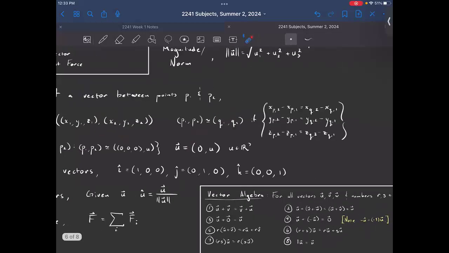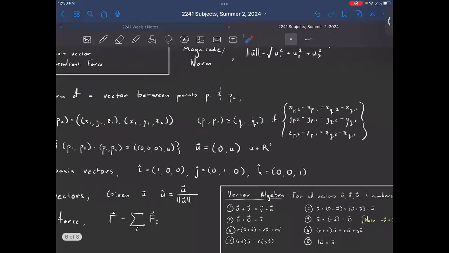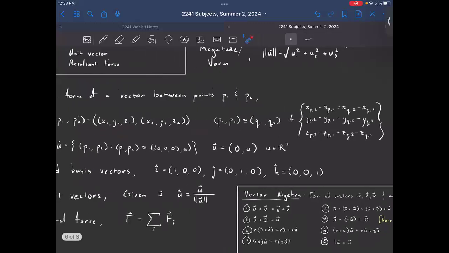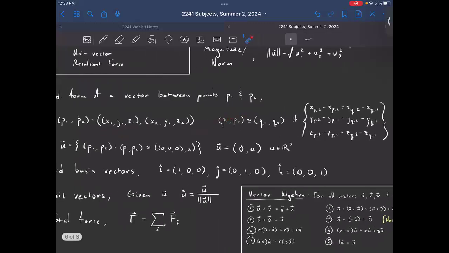If I look at the difference between the coordinates x2 and x1, y2 and y1, z2 and z1, and I look at that for p1 and p2, and then I also look at that for q1 and q2, and I end up with the same number for both p and q. Basically, this is just saying that both this vector and this vector need to point in the same direction and by the same amount for each coordinate.